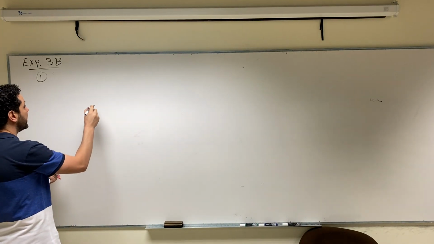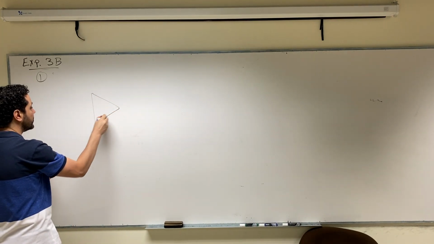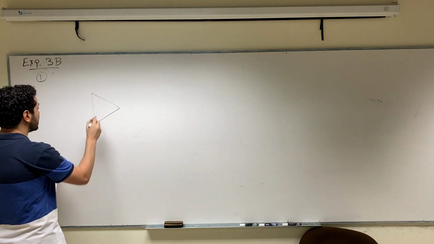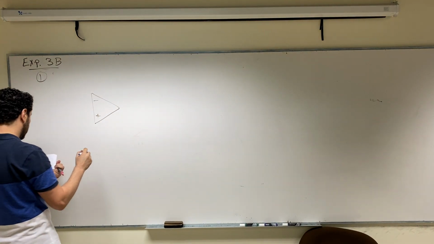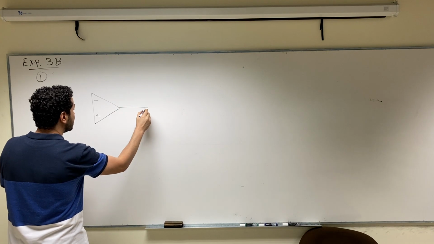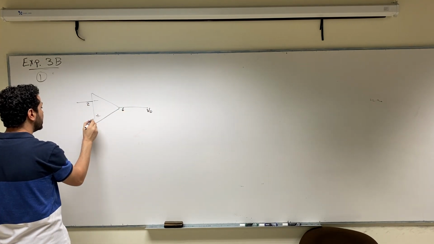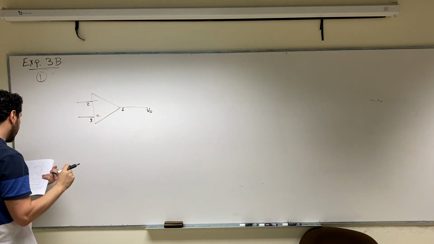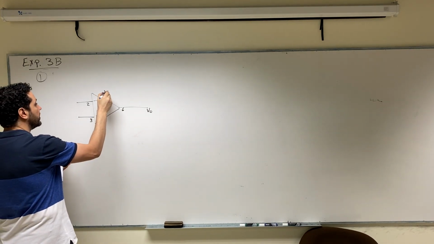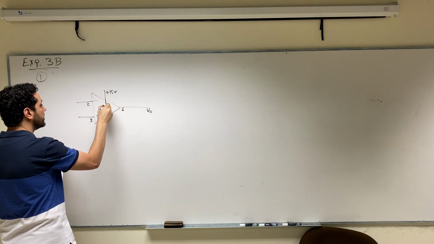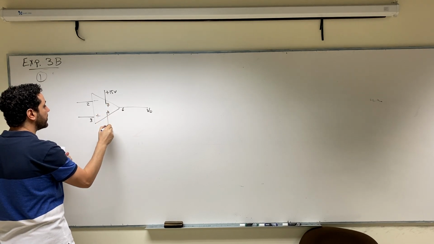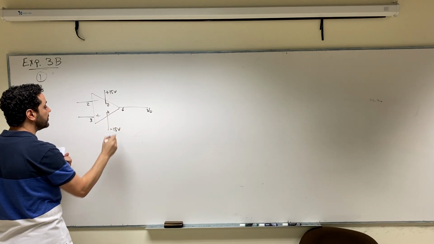In the difference amplifier, we'll have two inputs, and we are going to calculate the difference between them. So this is our output signal, terminal number 6. This is terminal number 2, terminal number 3, as usual. Terminal number 7 will be connected to plus 15 volts. Terminal number 4 will be connected to negative 15 DC volts.